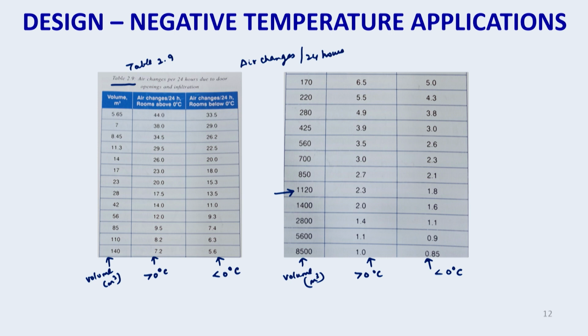We are designing the cold storage for negative temperature application, so the value has to be taken from the third column, either in this table or in this table, according to the calculated volume. So I will be taking the value from here, below 0 degree centigrade. We should not take the value of 2.3, that is applicable for positive temperature application.